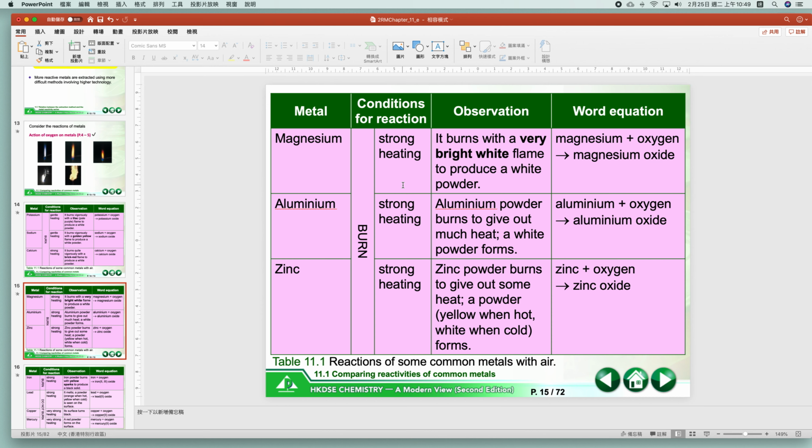Now you can see the difference between more reactive metals and less reactive metals on the conditions for reactions and the observable change when they are heated on the Bunsen flame.